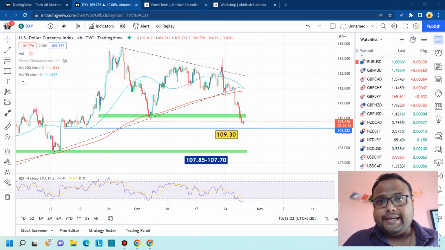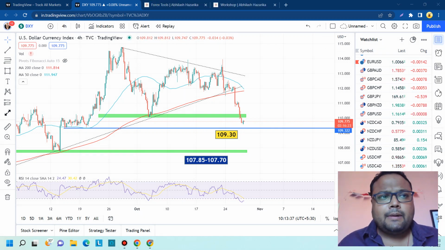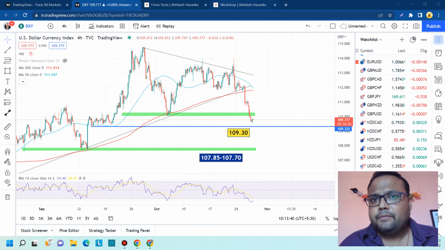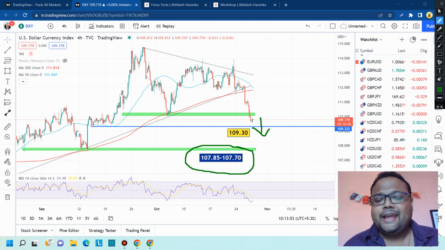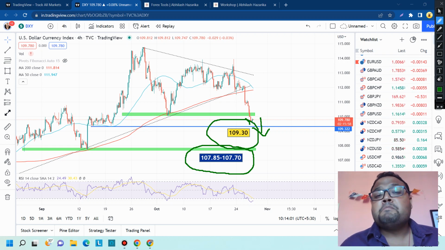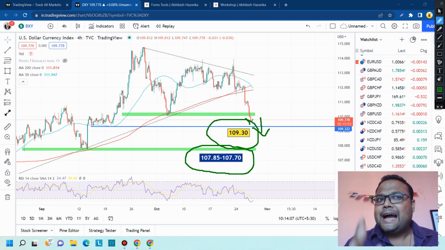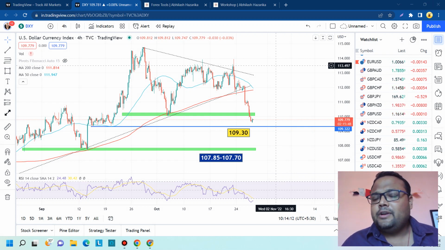The important thing about 109.30 is that in case the selling pressure continues and the market breaks this level, you can see that we do not have any immediate support on the chart, and the next support will be around 107.85 to 107.70. So if DXY breaks the 109.30 level, there will be a massive recovery on the chart of GBP USD and others. So keep your eyes on the chart of DXY as well, because the DXY move will be very important.